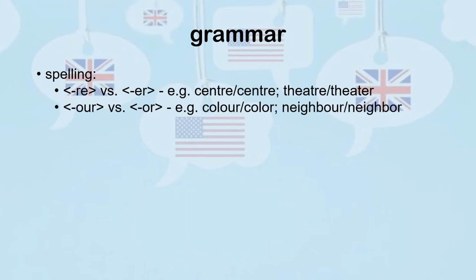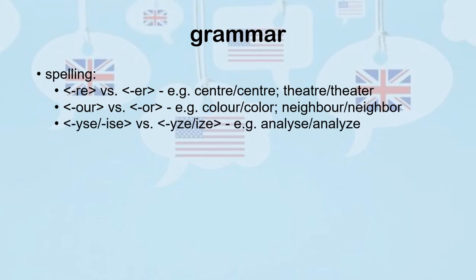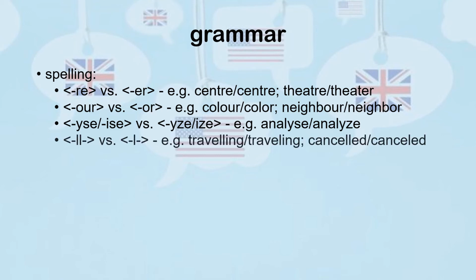Again, British English first, American English second. You have words that end in YSE, ISE versus YZE, IZE. Analyze is one of those instances. And again, the S means British English, the Z, you'll see that in American English. By the way, that Z is only called a Zed in British English. In American English, that's a Zee.